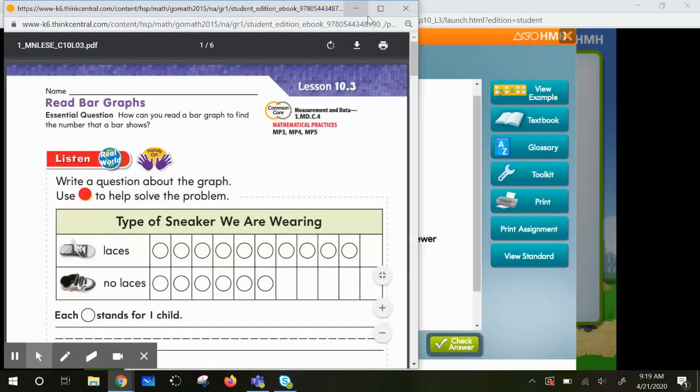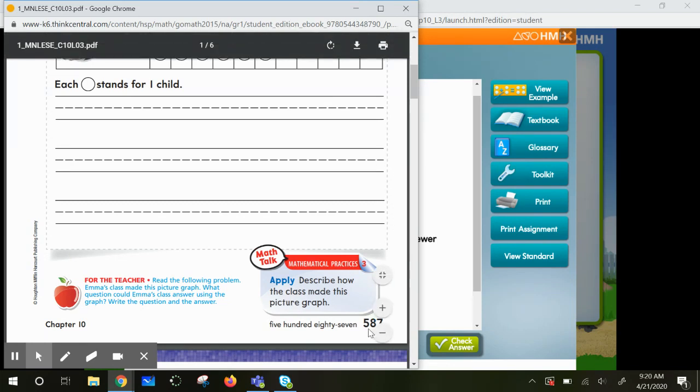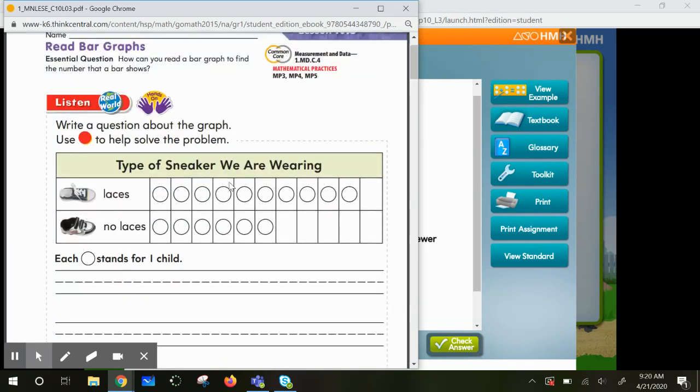Now we're going to delve into our math book. 10.3 you will find on page 587. That's 5 hundreds, 8 tens, 7 ones, or 58 tens and 7 ones. 587.